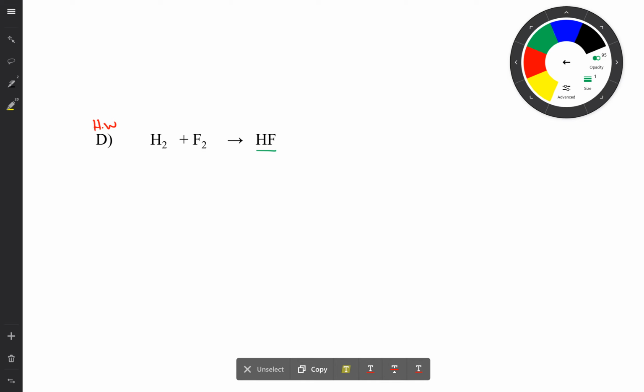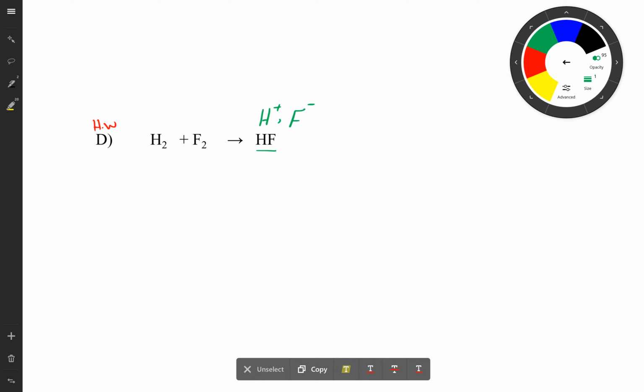So this is actually a covalent compound. But we can assume that the electrons completely transfer from hydrogen to fluorine. So the hydrogen becomes H plus and fluorine becomes F minus. I know that this is not completely true because HF is not an ionic compound, it's a molecular compound. But we assume it to be an ionic compound.